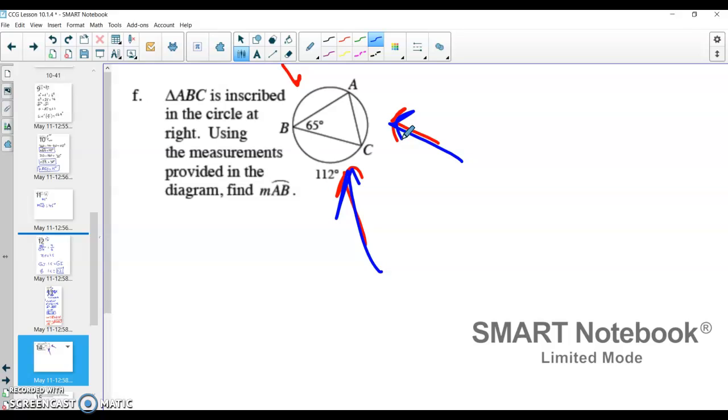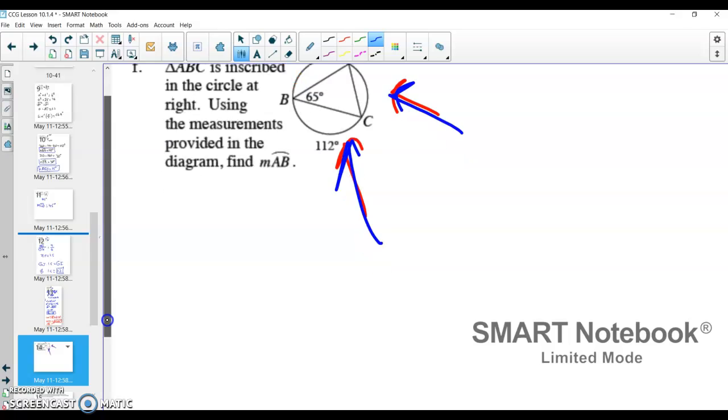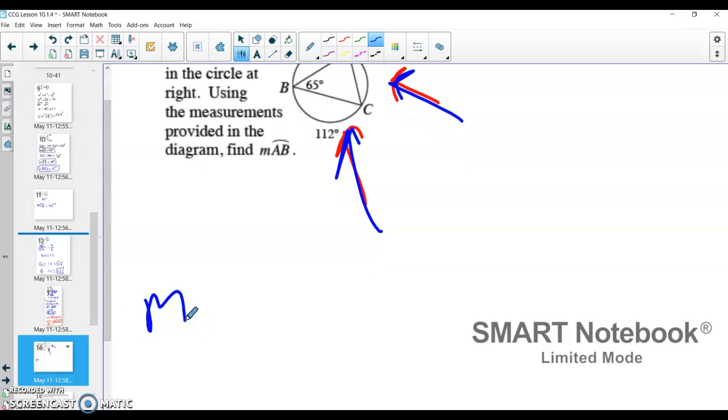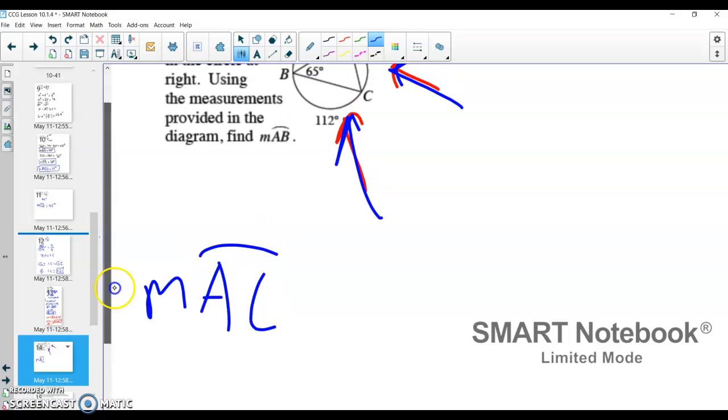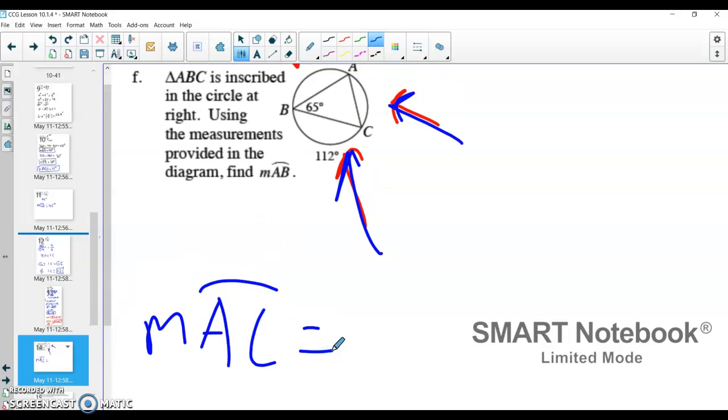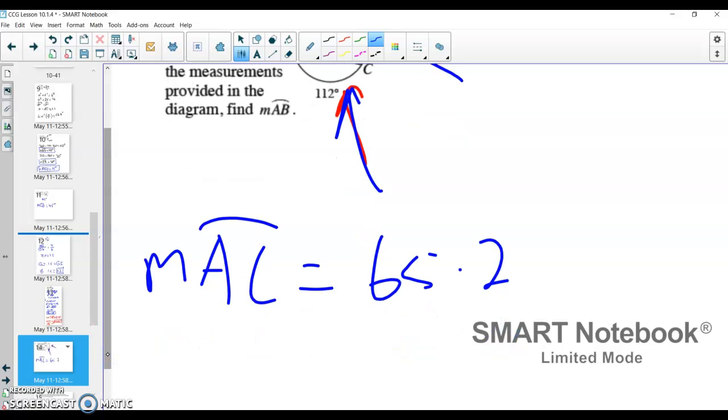Let's talk about the arc measure of AC. We know the inscribed angle is 65, so the arc measure is going to be twice as big as that inscribed angle. So 65 times 2 gives me 130.